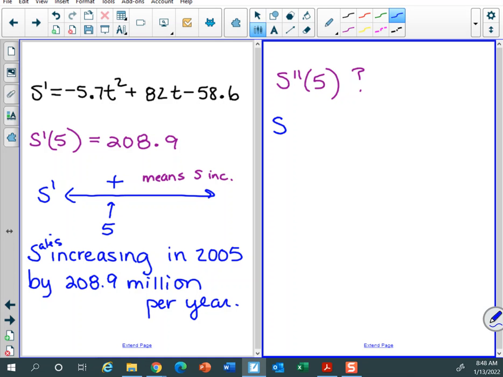All right. So S double prime is negative 11.4 t plus 82. So S double prime of 5, I'm getting 25.